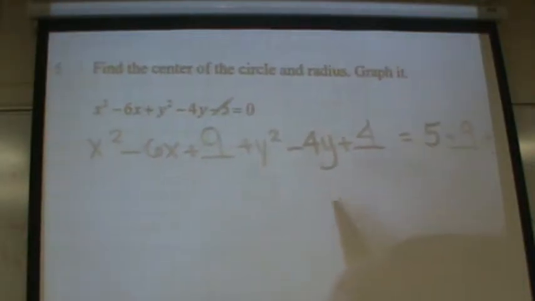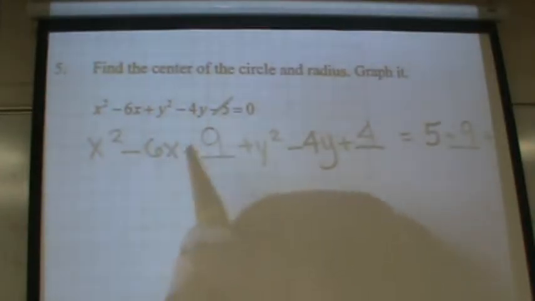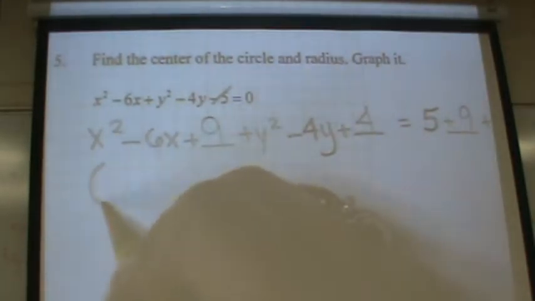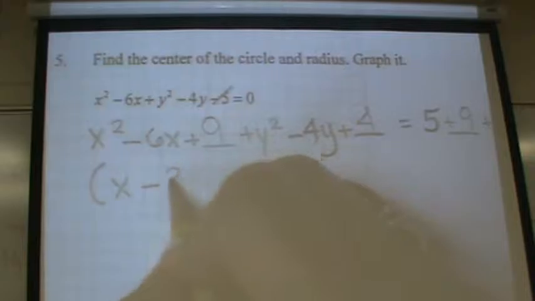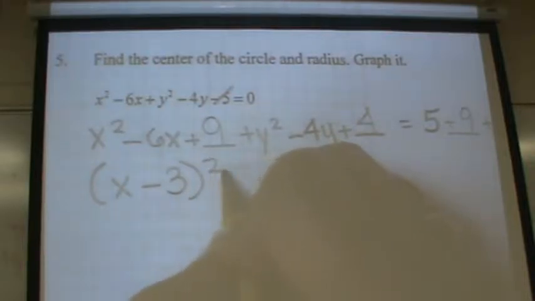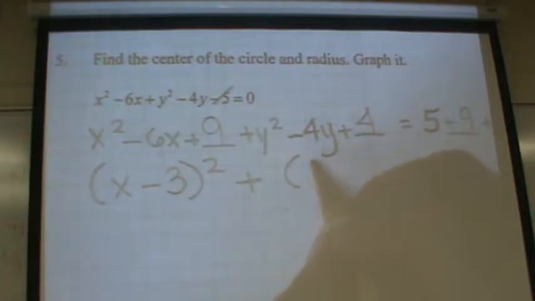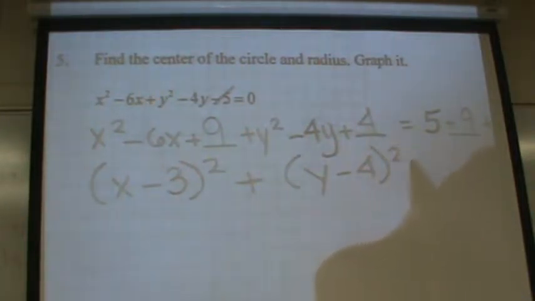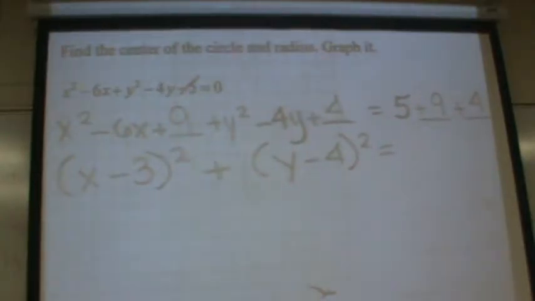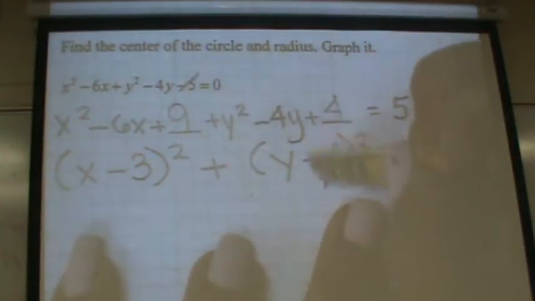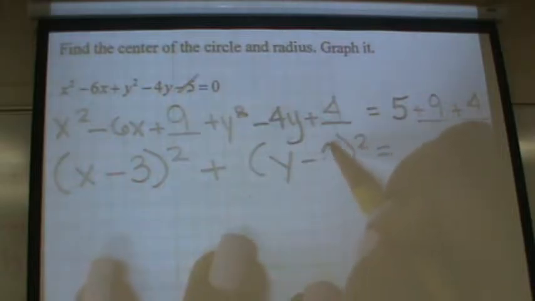Okay? Now, why did we add 9? Because 9 is the magic number that will make this a perfect square trinomial. And why 4? 4 will make this a perfect square trinomial.